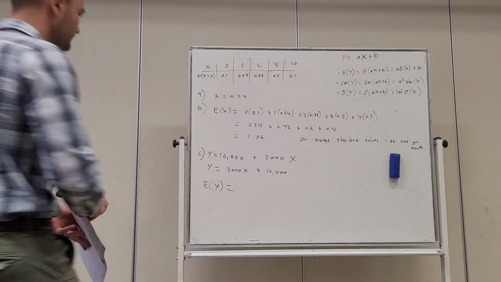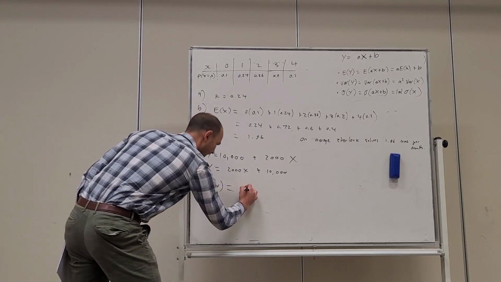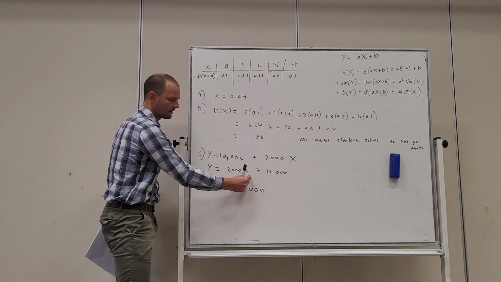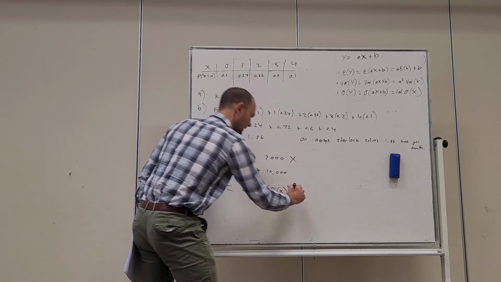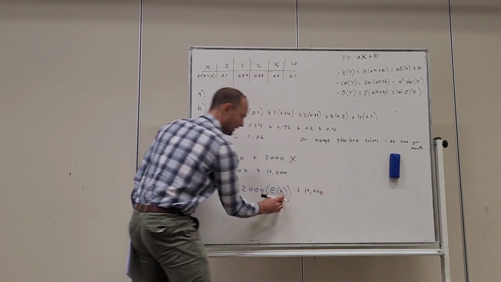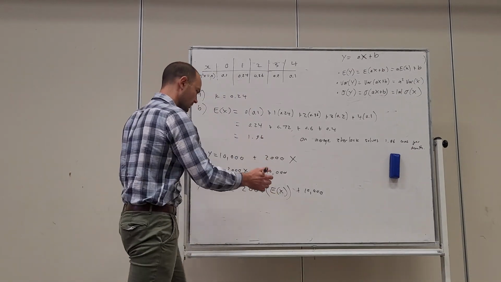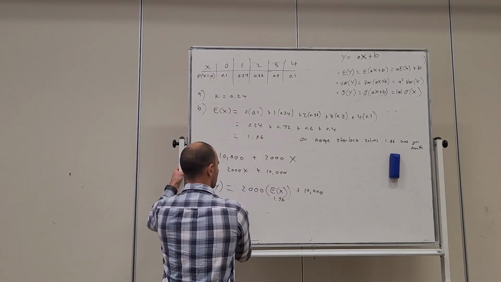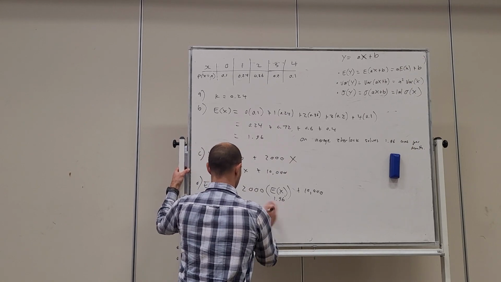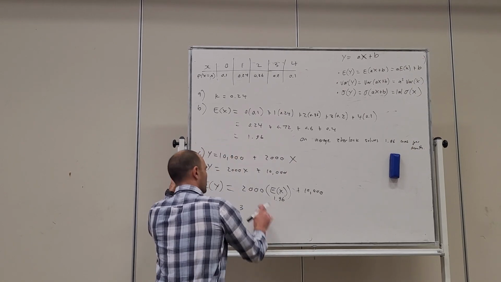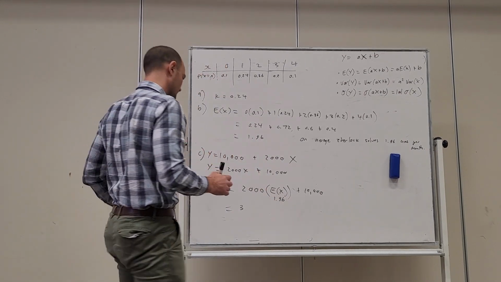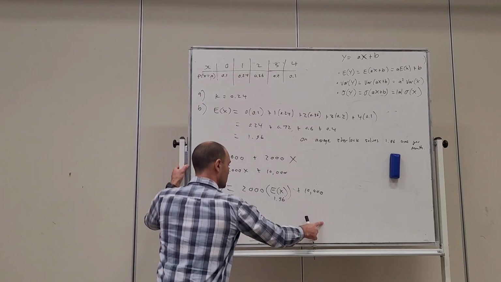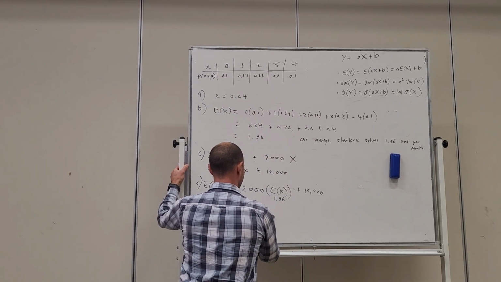This is part D. The expected value of Y is A, the coefficient of the X, multiplied by E of X plus B. And now E of X, we evaluated before, 1.96. 2,000 times 1.96. What's that? 3.92.